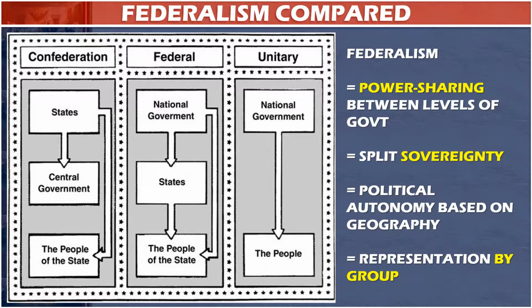And it gives some political autonomy to the states based upon geography, essentially having states within states. And it is a form of representation by group. You're grouped by your geography, but you could also be grouped by other things: wealth, occupation, sector of the economy. And it's the idea that we have these group identities in addition to our powers and our desires as individuals.